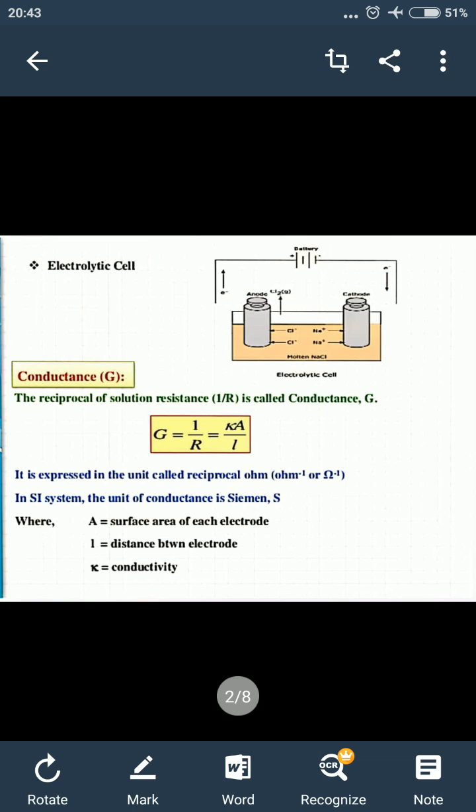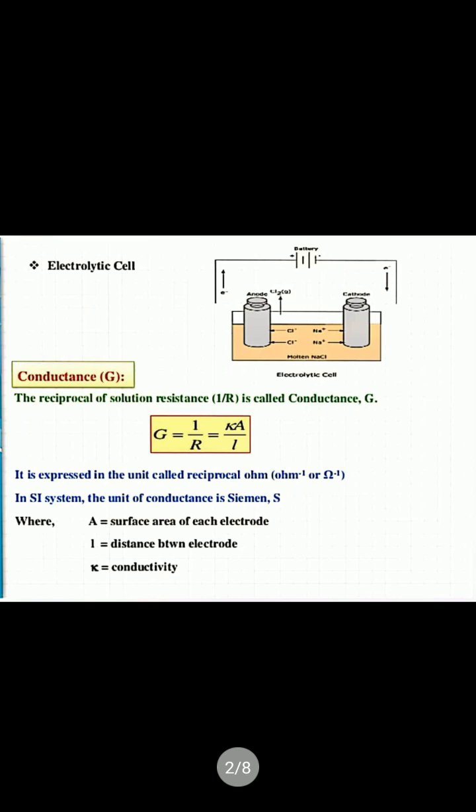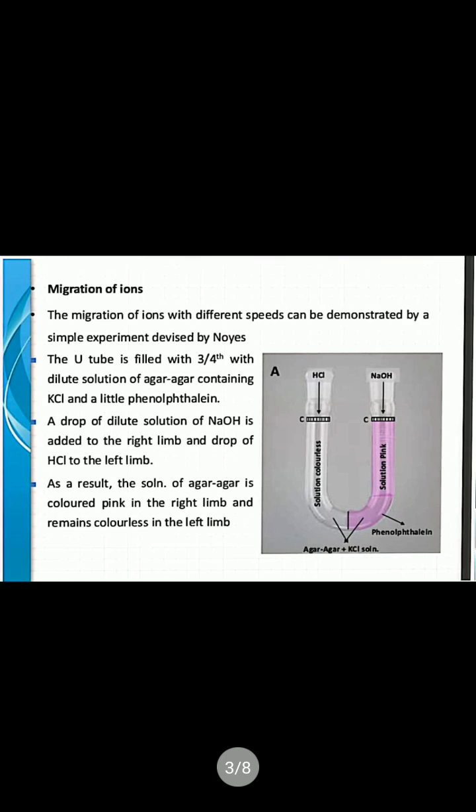It is filled with electrolyte which furnishes positive and negative ions. These ions migrate towards the respective electrodes, and this is known as migration of ions.